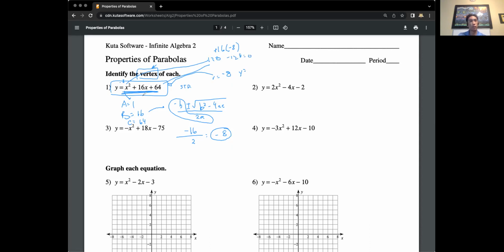So our final answer is y is equal to 0. Our coordinate for the vertex here is negative 8, comma 0.